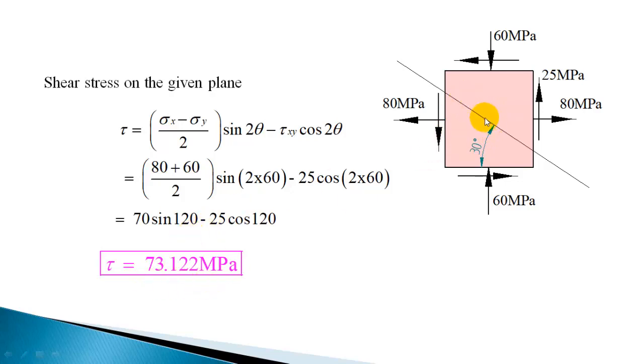This is more than the shear stress acting on the element. 25 megapascal is the shear stress acting, but on this plane the shear stress induced as a result of this loading is 73.122. It will be acting like this along this plane, and it will be trying to shear the material.